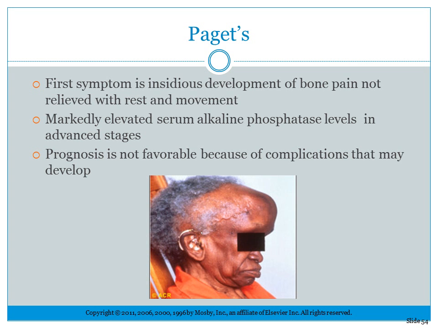Okay. This next slide shows a very exaggerated example of Paget's disease of the skull. And if you can imagine, the individual with that bone pain has increased pressure within that skull on the organs and the nerves that are within the skull.